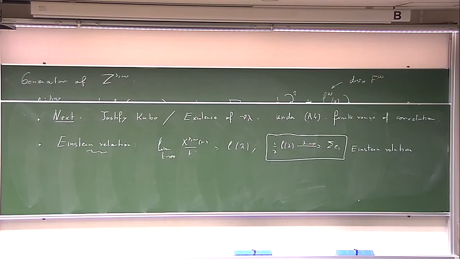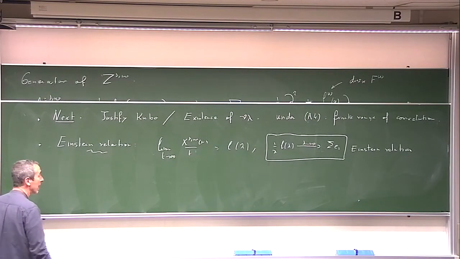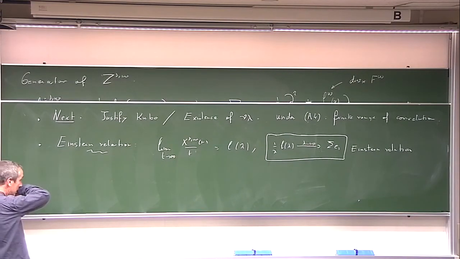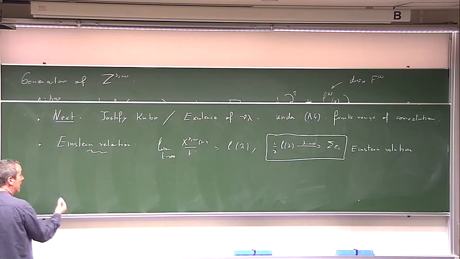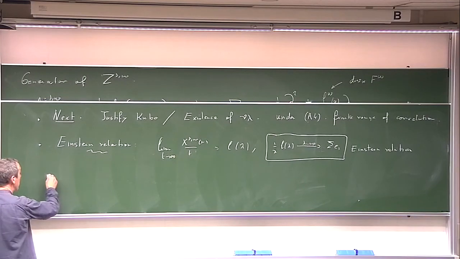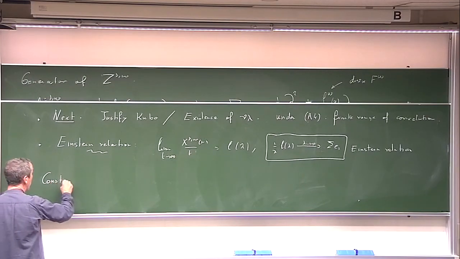So there is a lot of ambiguity, but if you read Einstein himself, Einstein's computation, Einstein's relation, I think it is more about what it means to have a constant force.